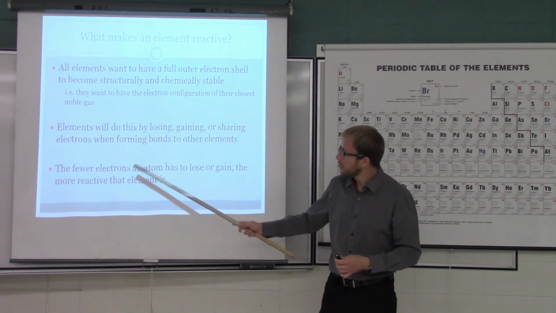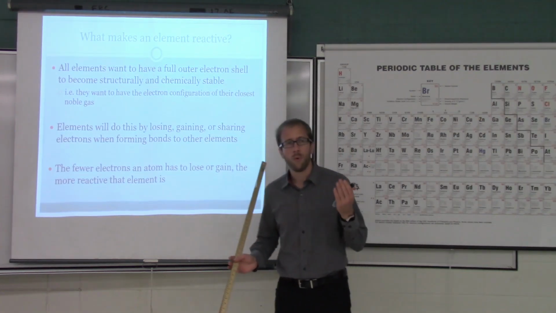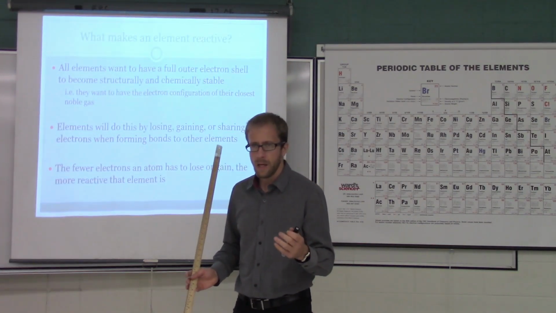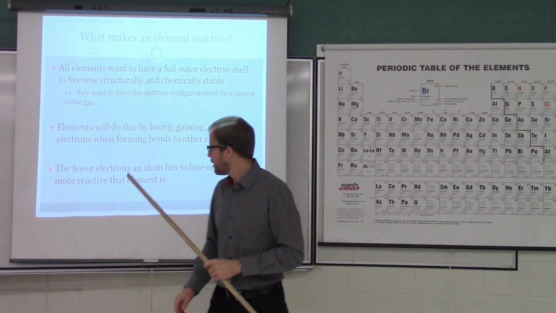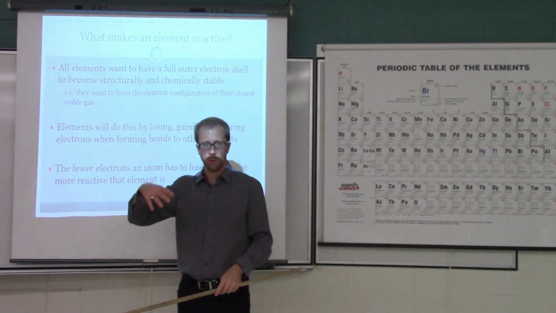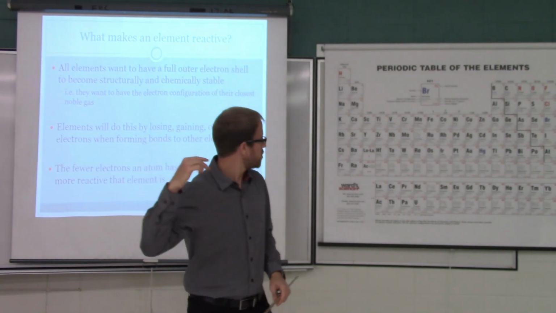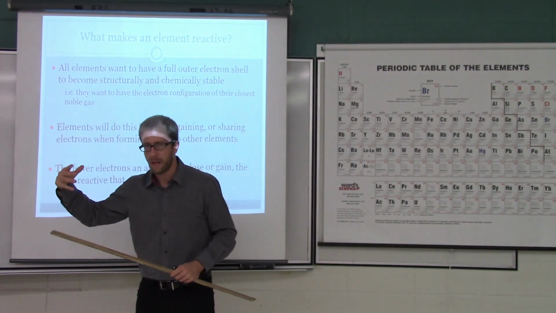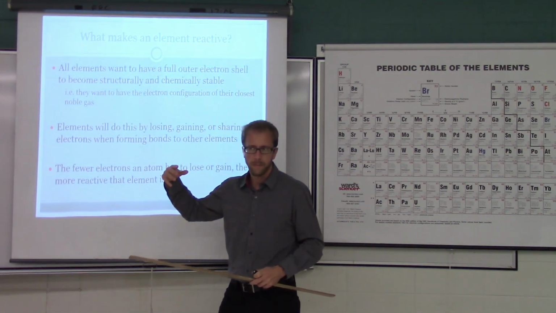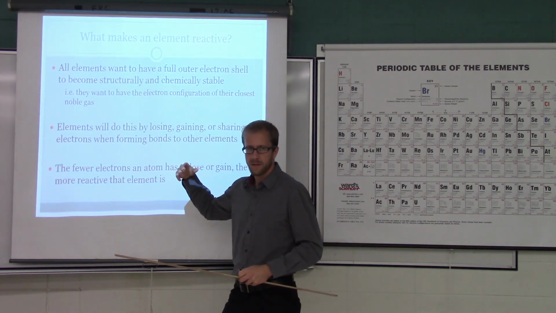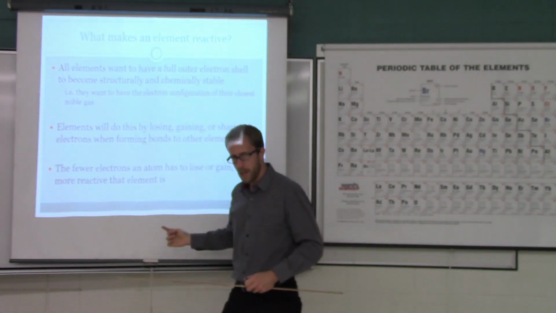And the fewer electrons an atom has to lose or gain, the more reactive it is. So how many valence electrons did your sodium, potassium, lithium have, that first family? One.